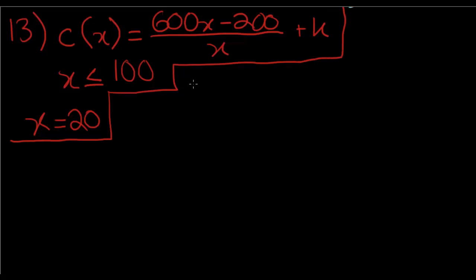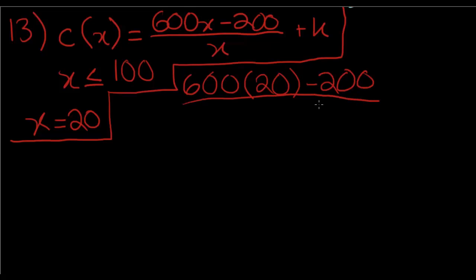We'll begin with 600 times 20 minus 200 divided by 20 plus k will be equal to 640, right? So from now, let's multiply the 20 to the 600, which should be 12,000. Let's make this a scratch paper area.